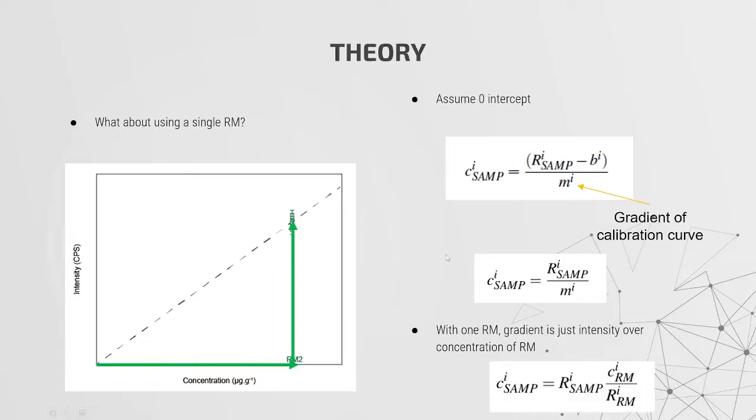And so we can actually change this around. We can substitute M, we can substitute C, the concentration of the reference material, and the count rate of the reference material. They're actually flipped up, so the gradient was actually R on C, but we're flipping it over because we're dividing by M here.